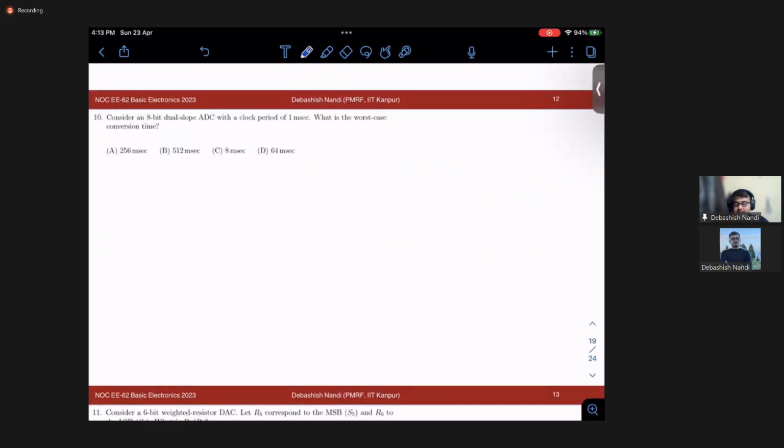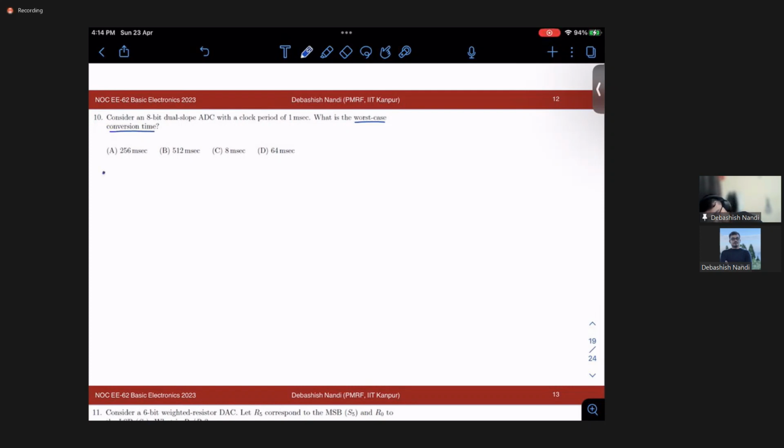So consider an 8-bit dual slope ADC with a clock period of 1 millisecond. What is the worst case conversion time, right? Conversion time, we know, is the time required for an analog input to become a digital output. Okay.